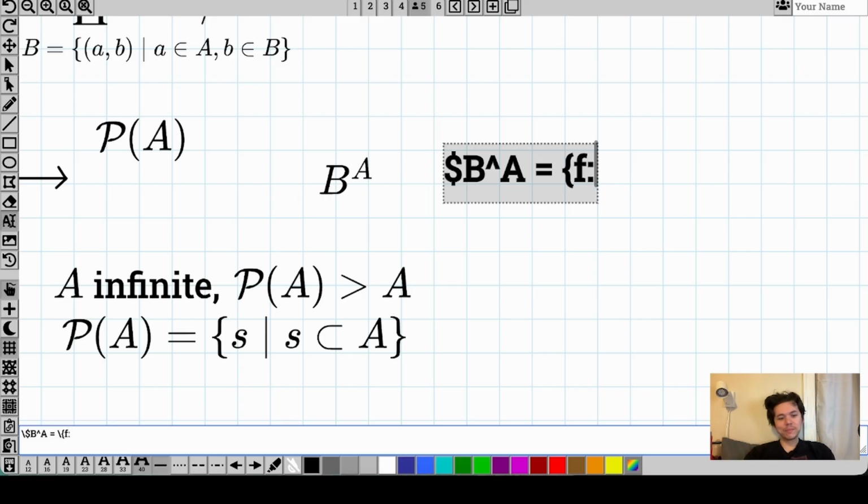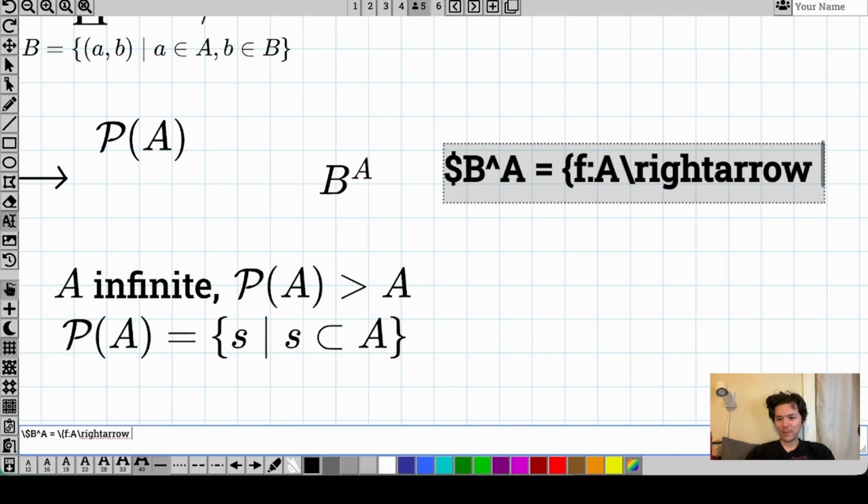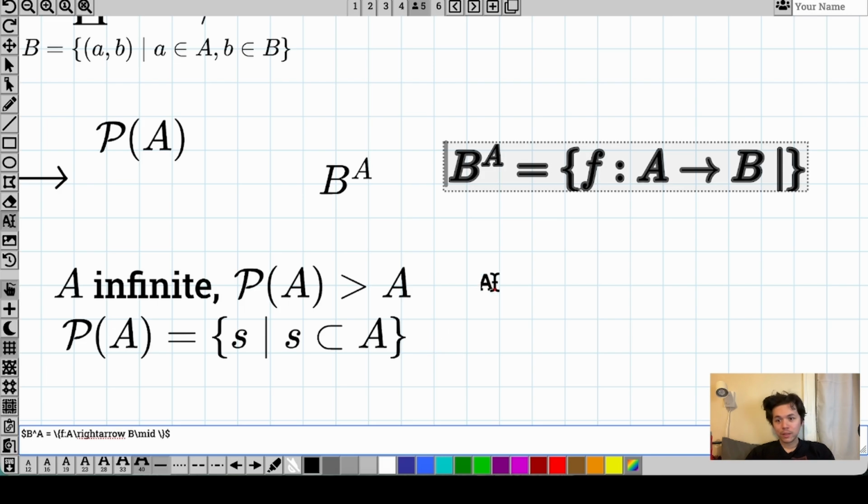Yeah, it is A to B. You think about it for a second and you get there. It's all functions from A to B. So it's actually just all functions from A to B.